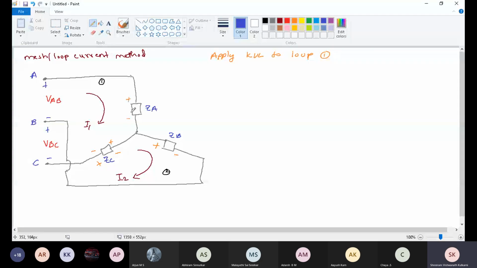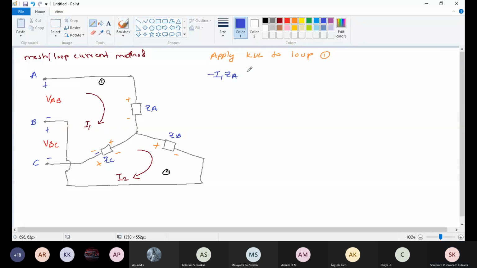Yes, apply and tell me for this. Here plus to minus, minus I1 ZA. Next, with the ZC, two currents are related. Correct?